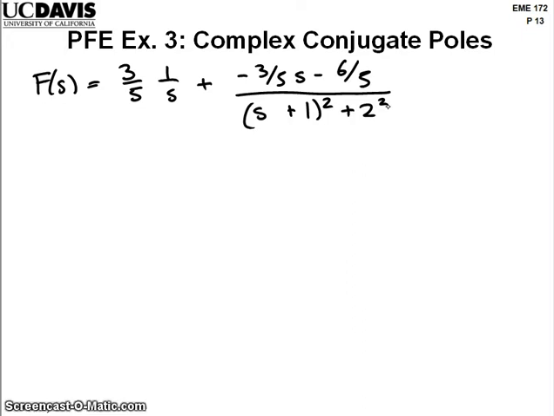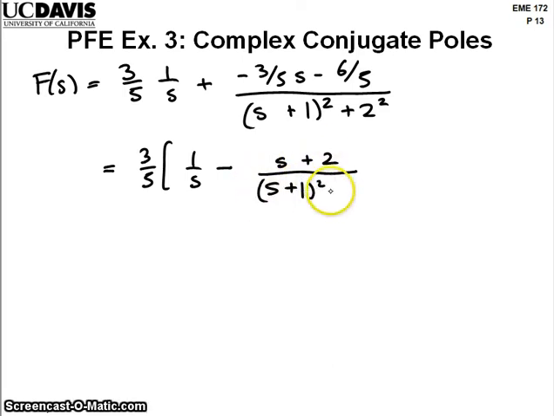And, well, I could factor out the 3/5 just to make it a little bit simpler. 3/5 times 1 over s, plus, so I'm going to take the negative sign here, minus s plus 2 over s plus 1 squared plus 2 squared.